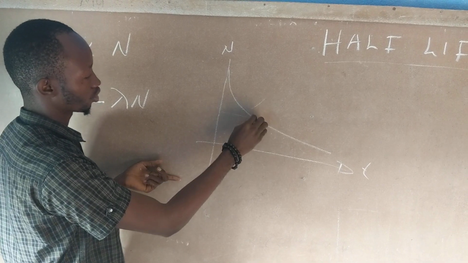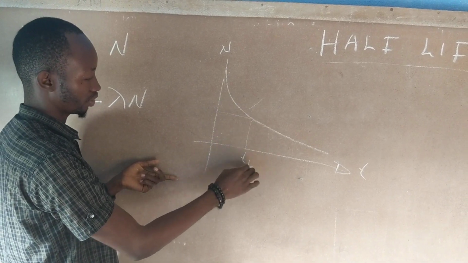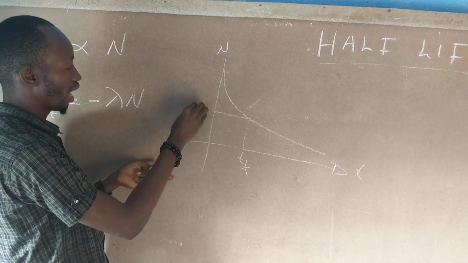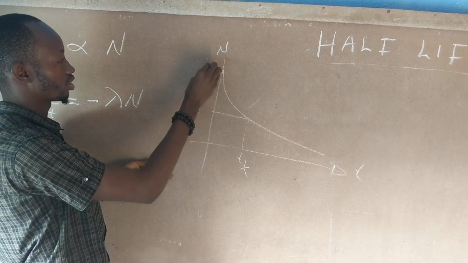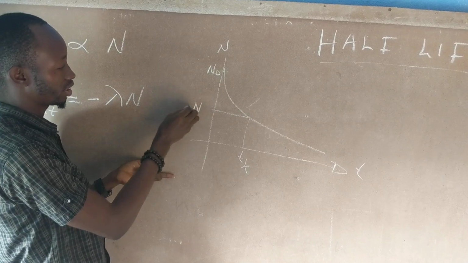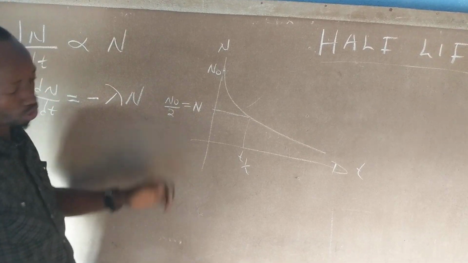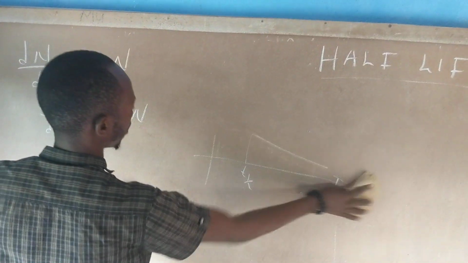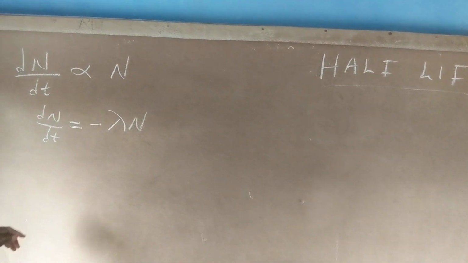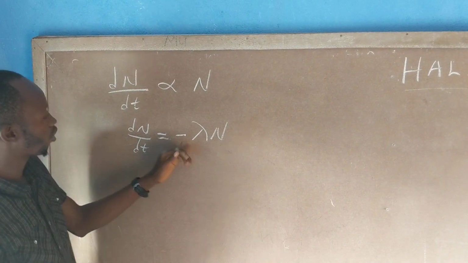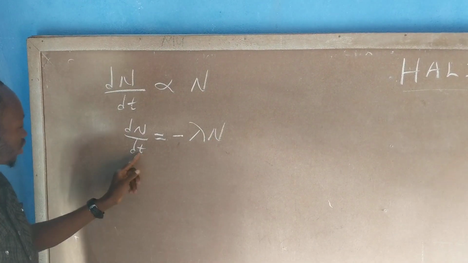This portion tells about the t half, since it's the time, and here is the N, and this point is going to be N0. But this N equals N0 over 2. We will consider that before the graph ends. The meaning of the minus sign tells us how the number of nuclei present is related to t.